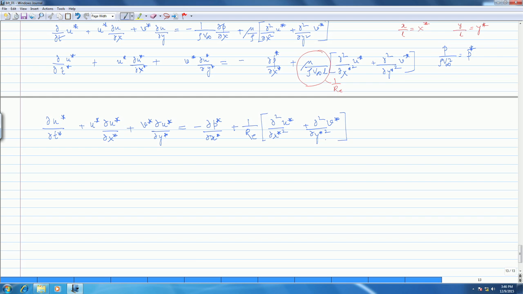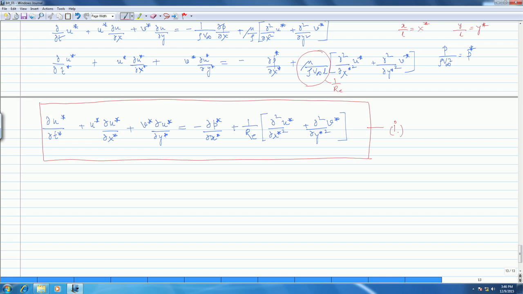So, this is essentially the Navier-Stokes equation, or momentum equation, in the x direction.